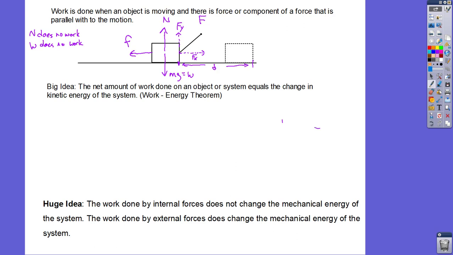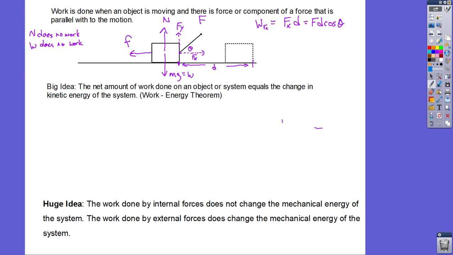Fx does do work. The work done by Fx is equal to Fx times d. If we call this angle theta, a lot of people would say that's equal to F d cosine theta. That's a formula that I think you'll see.